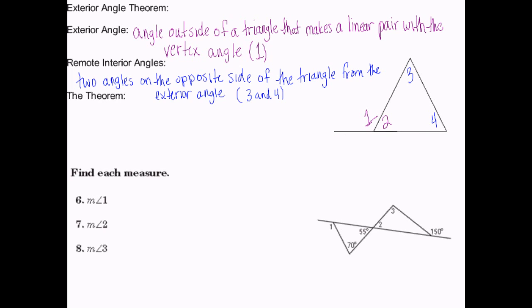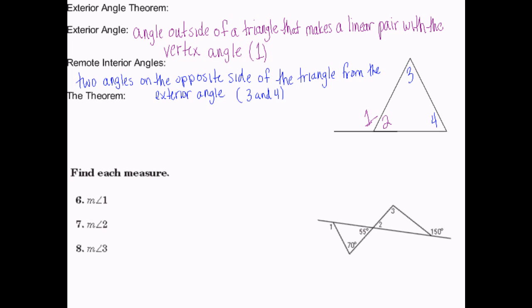So you extend one side of the triangle out longer, and it forms an angle on the outside of the triangle. That's the exterior angle. And it makes a straight line with the vertex angle. So it's always going to be a straight line to be an exterior angle, and it makes a linear pair.